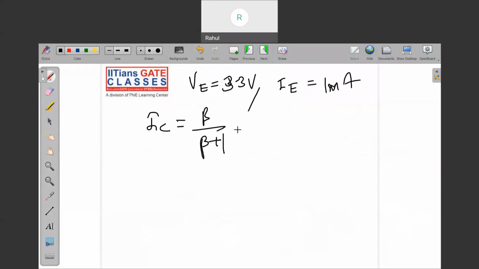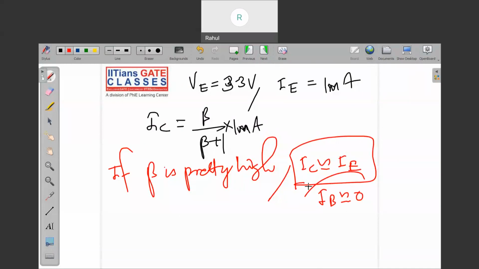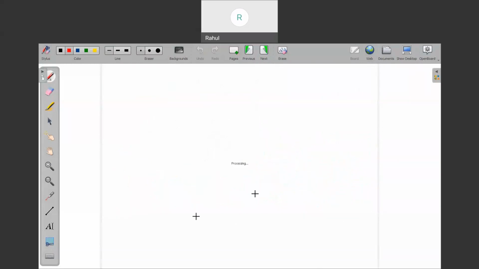If beta is pretty high, then you can say IC equal to IE, that is 1 milliampere only, or if beta is not given in the question, then IC equal to IE. Here IB is equal to 0, remember. But here they have given some beta, so we take 100 by 101 into 1 milliampere.